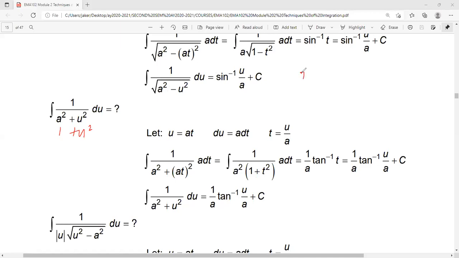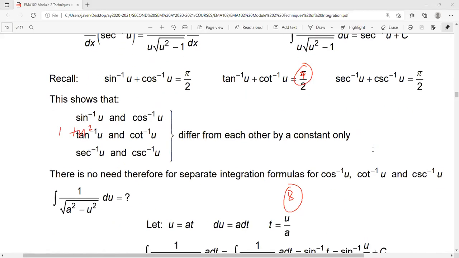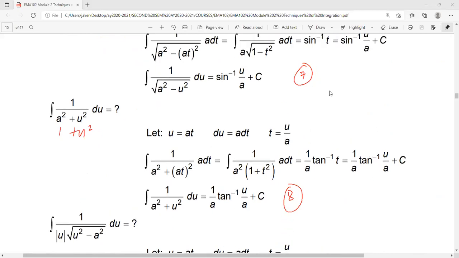So this is your 7th formula. And this is your 8th formula for the arctan, wherein the a squared here is not equal to 1. So you have 1 over a. Now, what's the difference of that from the one that we have here originally? It's the 1 over a here and the over a in the u. Okay, so that's our 7th and 8th formula.